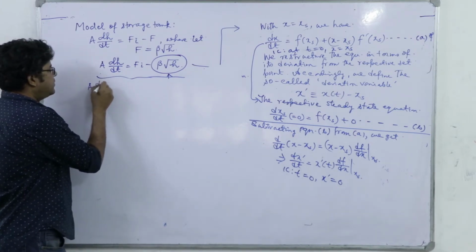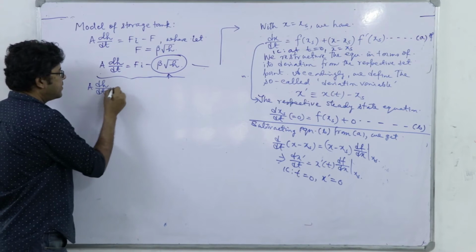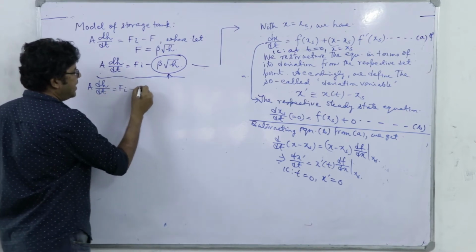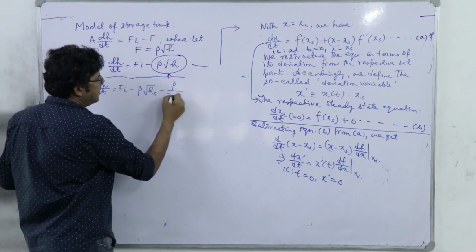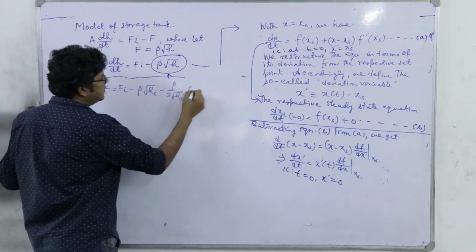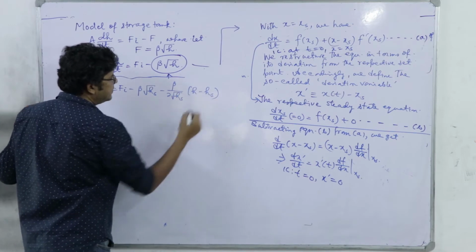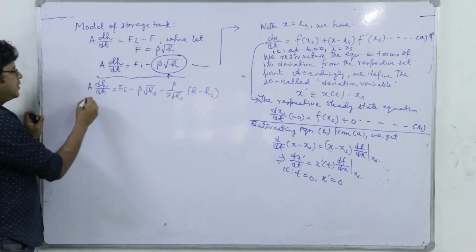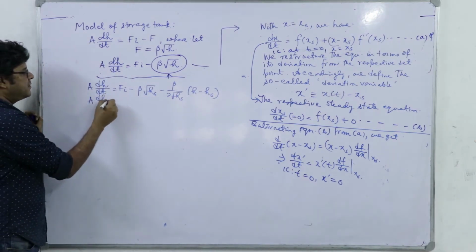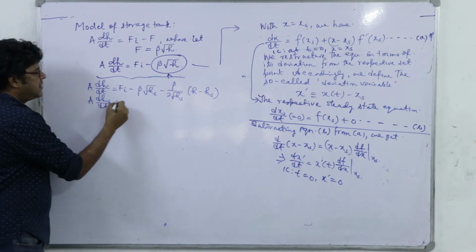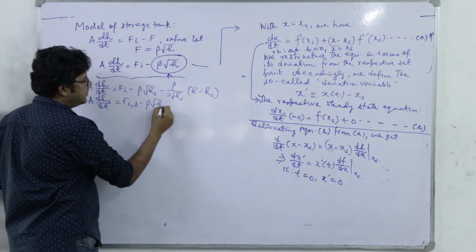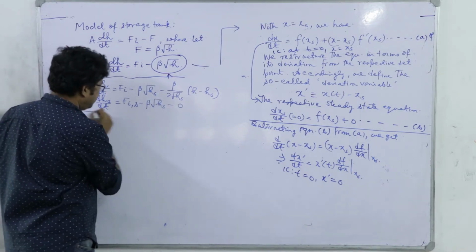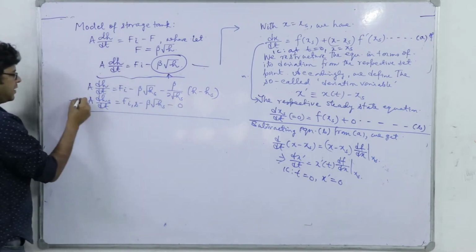A dh/dt is equal to Fi minus beta root h, linearized as Fi minus beta root hs minus beta divided by root 2 hs into (h minus hs). Here A dhs/dt is equal to Fi,s minus beta root hs, which is 0. So this is the steady state equation.